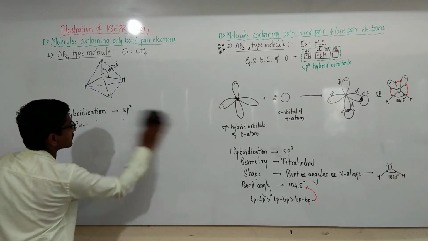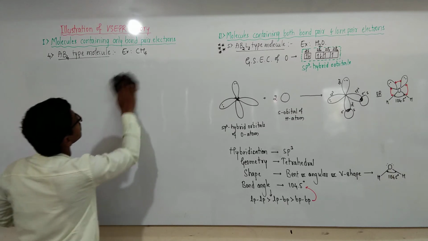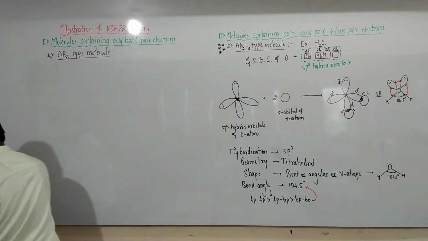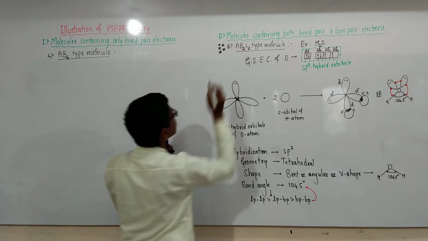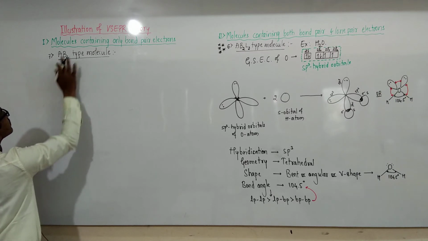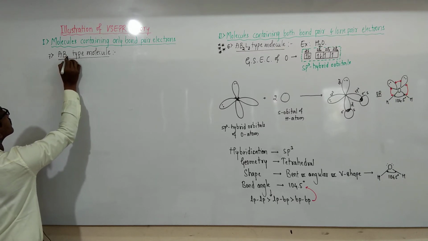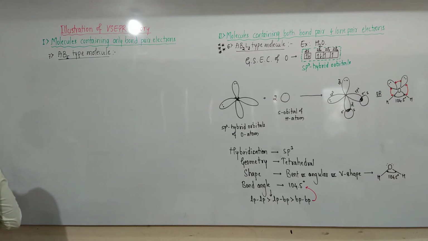Next is the seventh example, AB5 type of molecule.